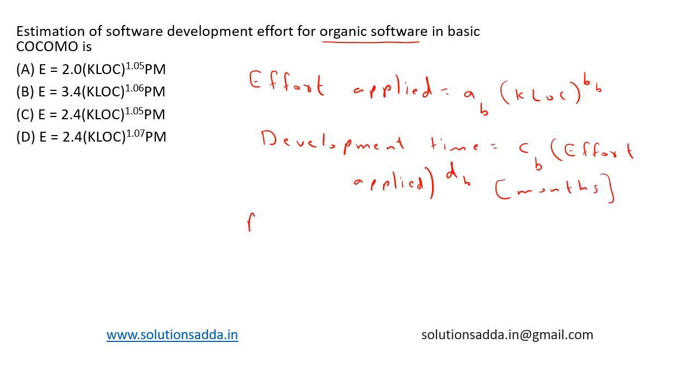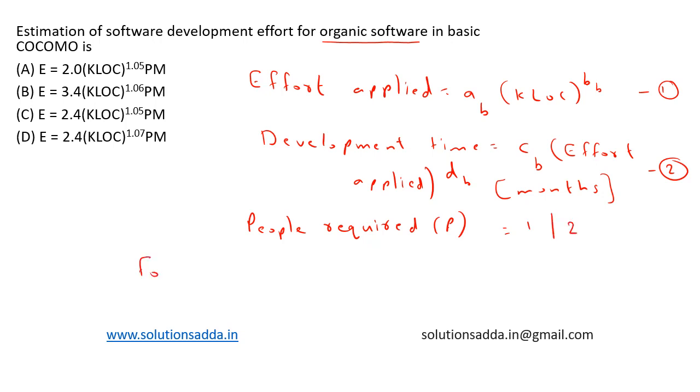So people required is equal to effort applied by development time. This is the formula.